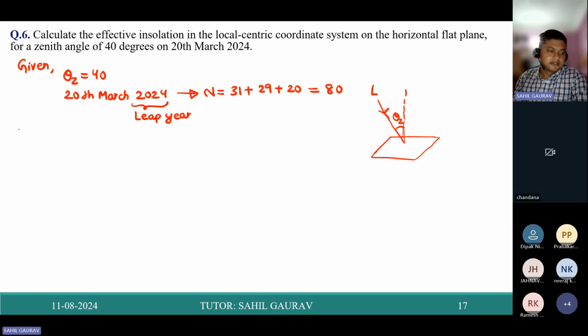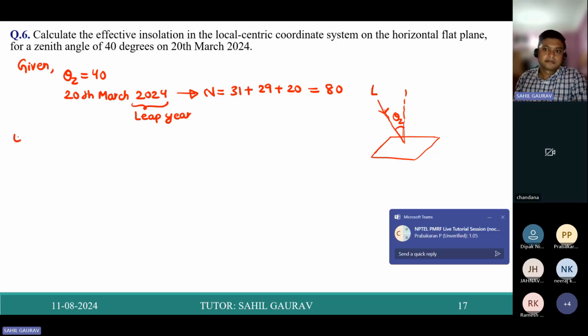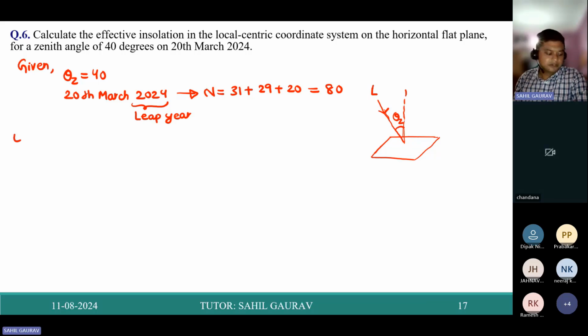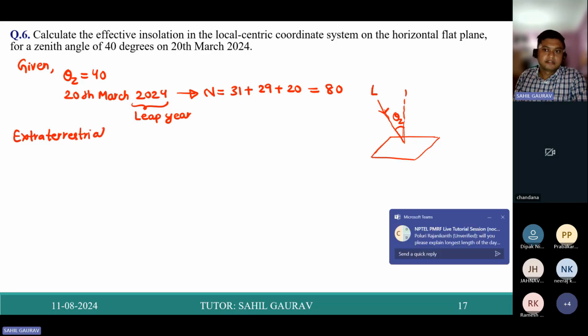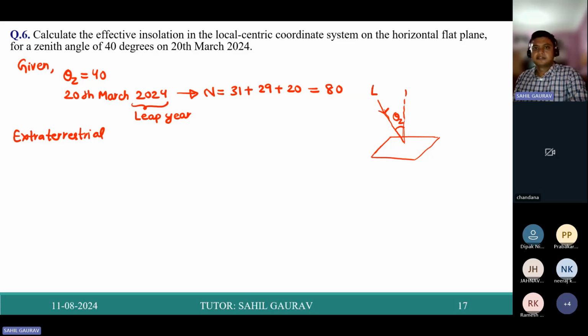So we know that the extraterrestrial insolation expression is, yes Prabhakaran, correct, very good. So first we find the extraterrestrial insolation. Will you please explain the longest length of the day? After solving this, we will see that problem.